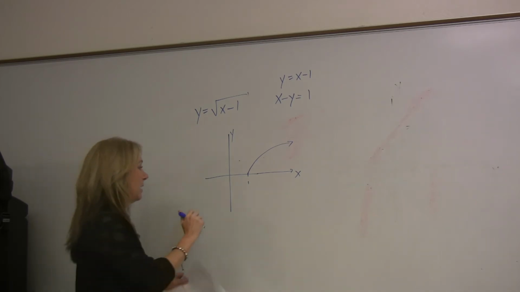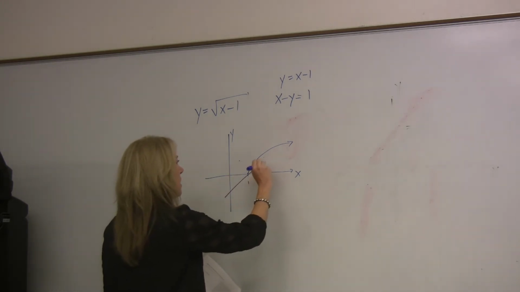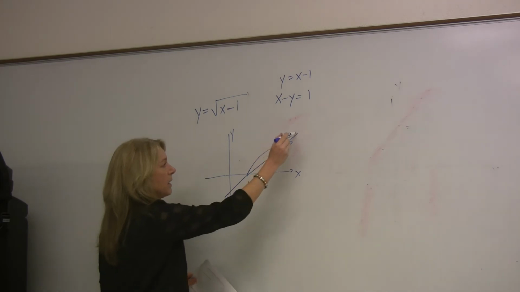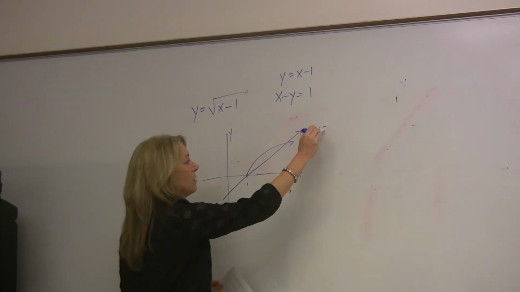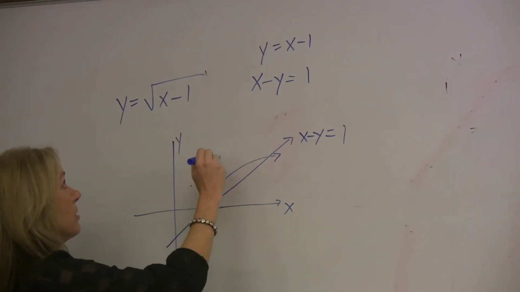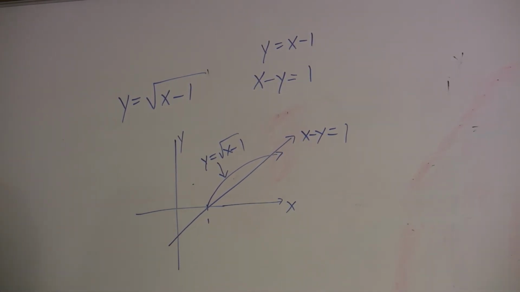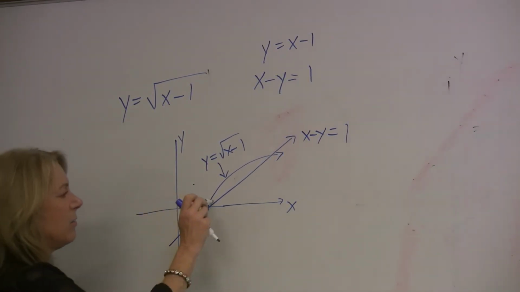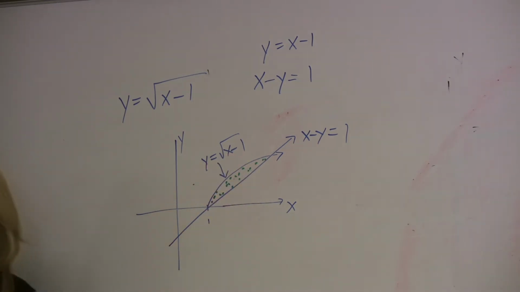It goes through 1, 0, and looks something like this. That's the right graph. So here's x minus y equals 1, and this one was y equals the square root of x minus 1. So I have this little region here, this half a parabola, and that straight line.